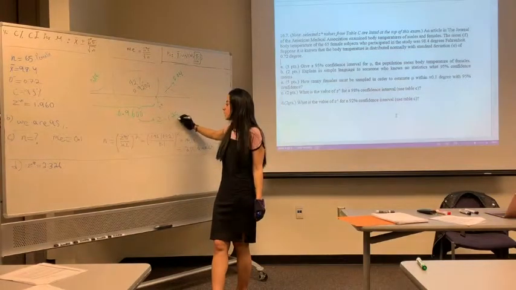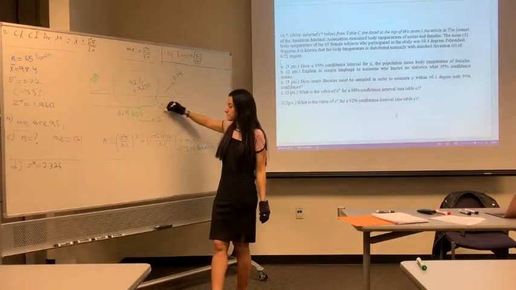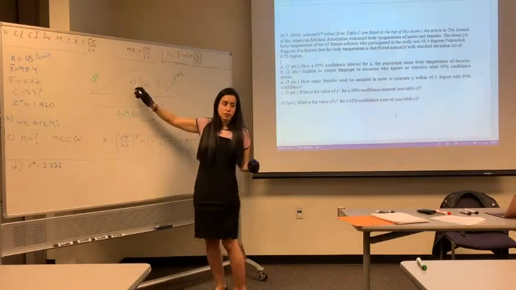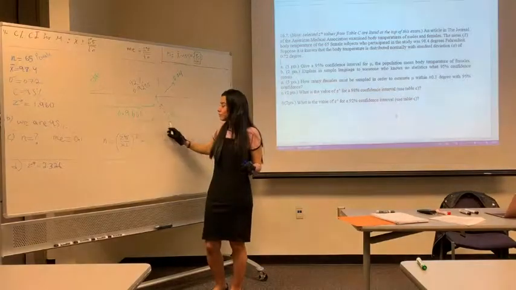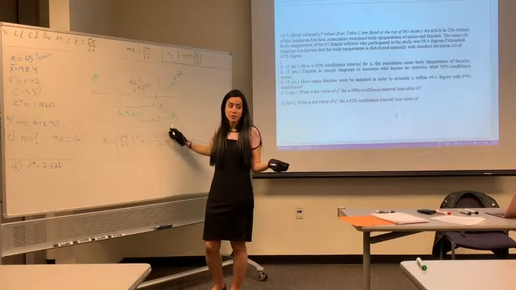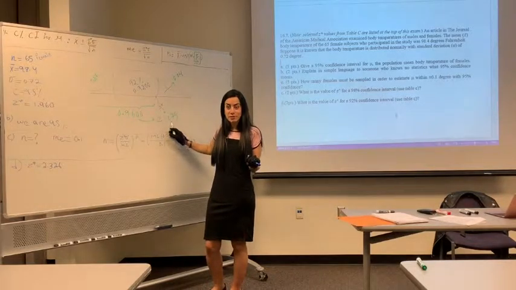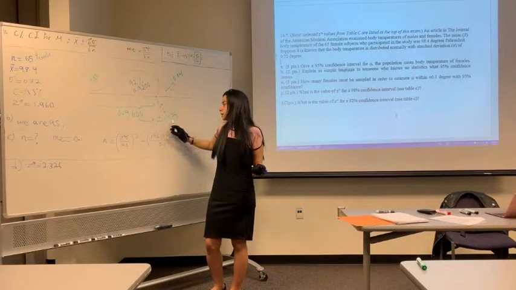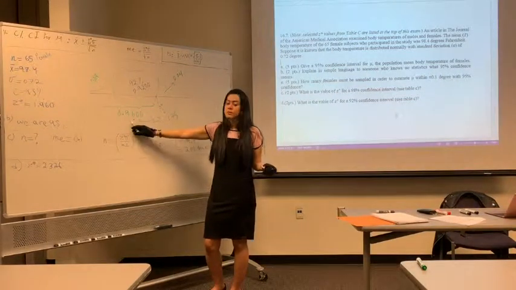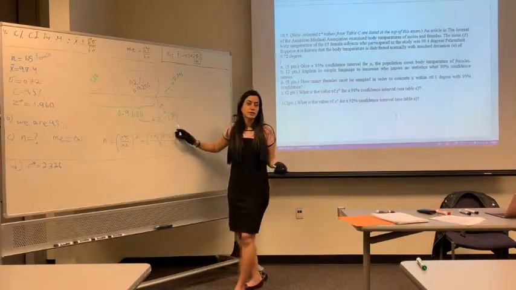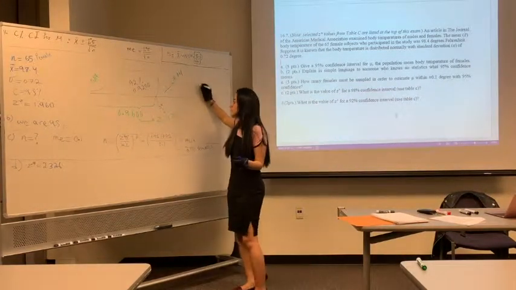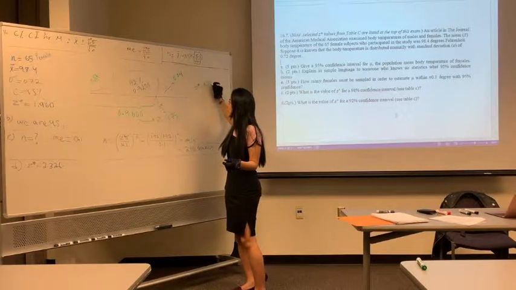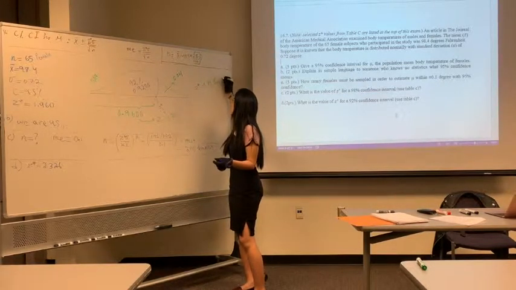We didn't have 92% in table C, so we are not using that table. To find the Z value, we should look at table A. From table A, this probability gives you this Z value. So the Z star is equal to 1.75 for a 92% confidence interval.